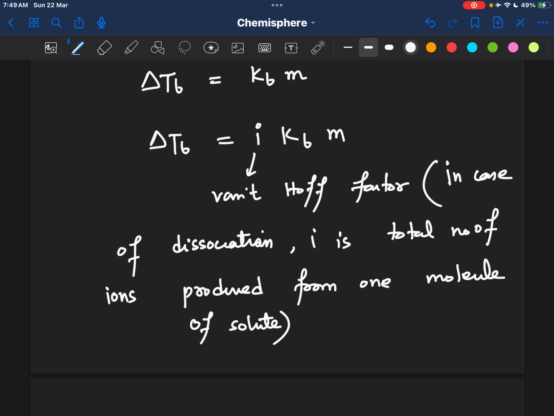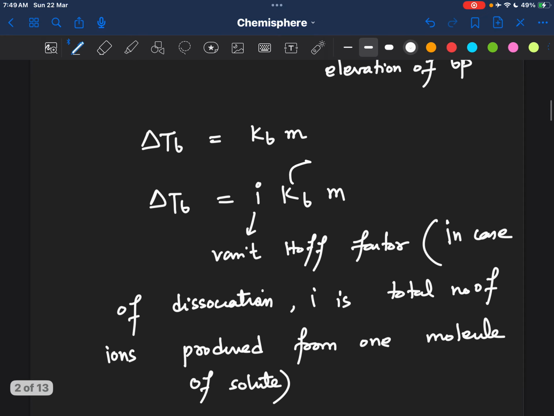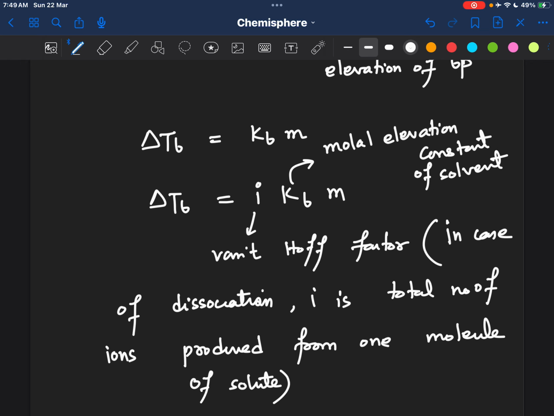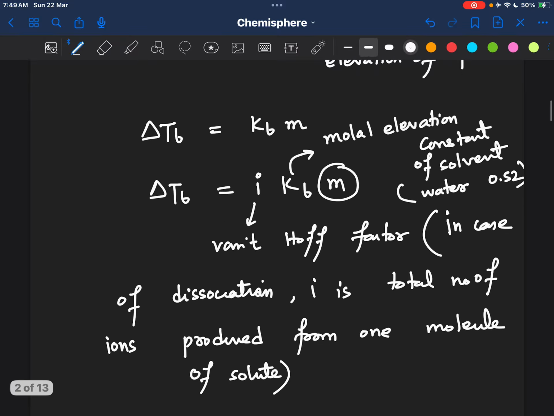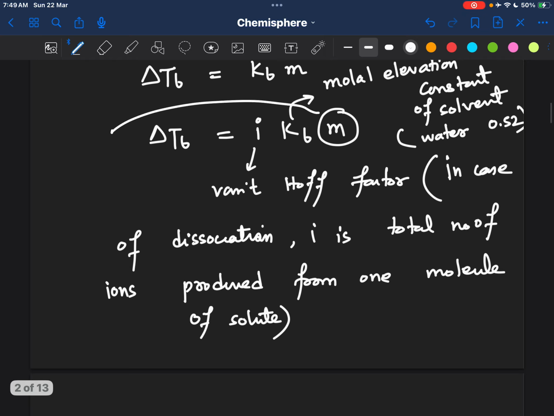Then we have Kb. Kb is the molal elevation constant of the solvent, which is very important. And for water, its value is 0.52. Okay, and m is the molality of the solution.